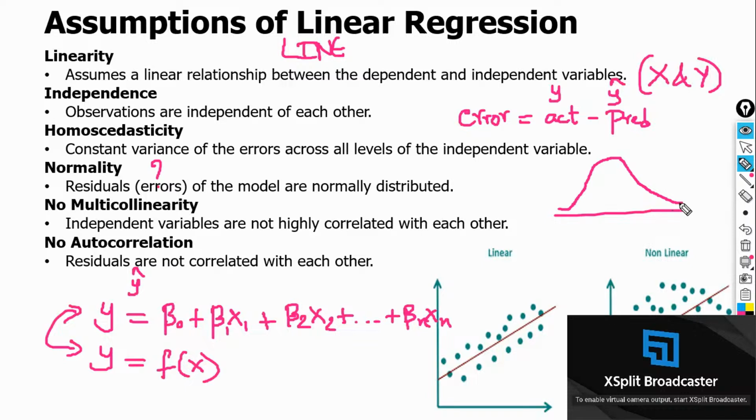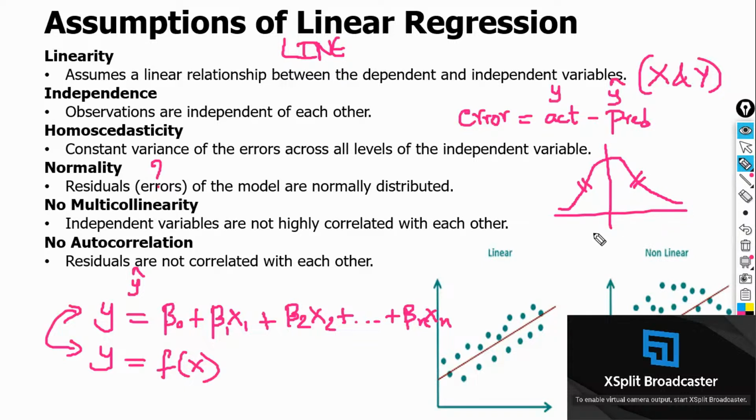I have spoken about normal distribution in the previous playlist. We have a 30 days free short-term training from Python to AI, and in those sessions I spoke regarding normal distribution. The data should resemble a bell-shaped curve, and it should also follow the characteristics of normal distribution, where if you cut the curve exactly at the center, you should get two identical parts.